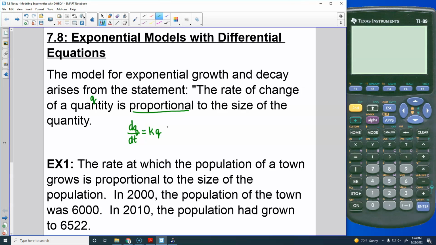And so whatever that quantity is, it's going to change a lot. It could be population, it could be bacteria, it could be the amount of money you have in an account, it could be all kinds of things. But if you see something where the differential equation looks like this, we solved it the other day, and you multiply both sides by dt.